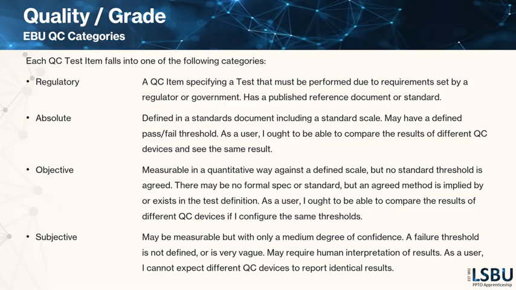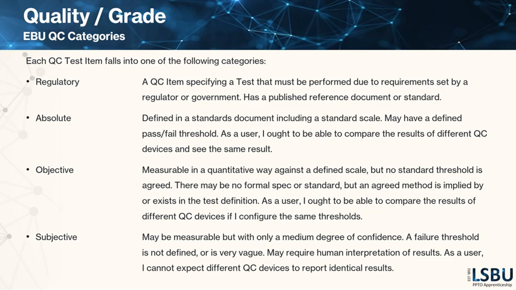Or maybe there was a failure on set and a lot of the lighting didn't work, so you've really had to push the exposure a lot, so some of the shots look a little bit grainy, a little bit darker. So on that, there's no set standard threshold that's agreed, so therefore whether it passes or fails is a bit more objective.